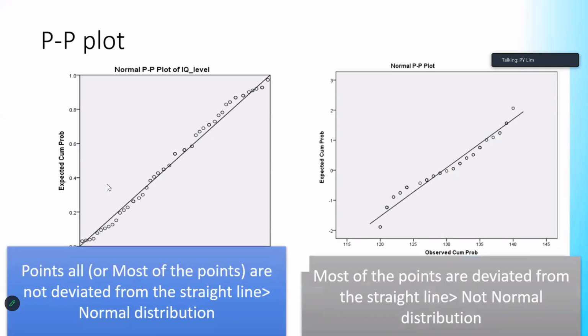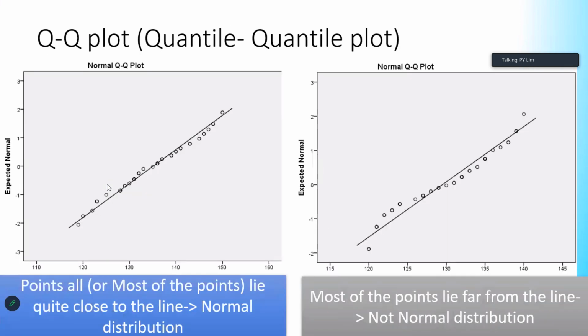QQ plot is also the same. If the points are far from the line, you say not normal. Most of the points near to the line, we say normal. Most of the points, not all the points. How to define most? I don't know, whether 80%, 90%, we don't know. So it's your own perception.